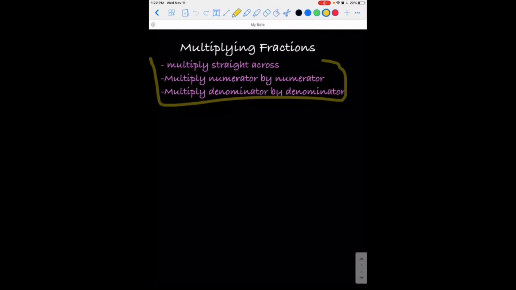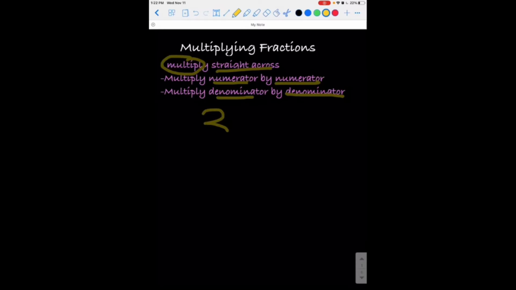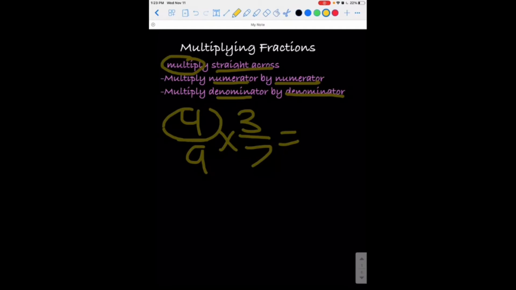Multiplying is actually fairly easy. You need to multiply straight across: numerator times numerator, denominator times denominator. For example, 3 is the numerator and 4 is the denominator. Let me give an example: 4/9 times 3/7.